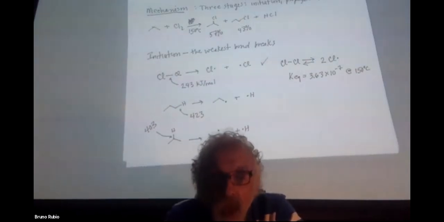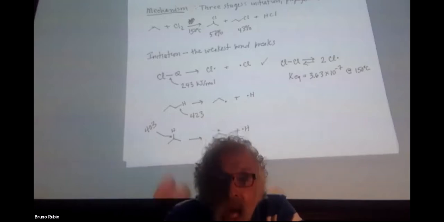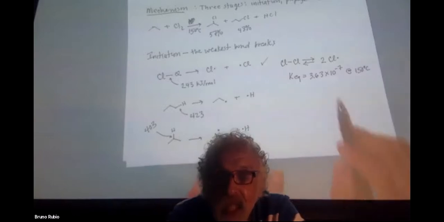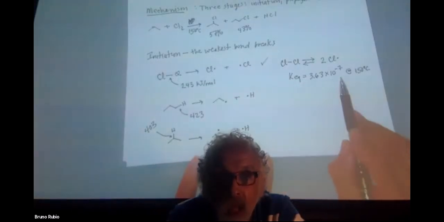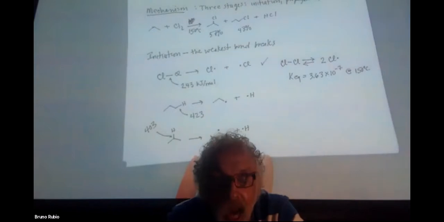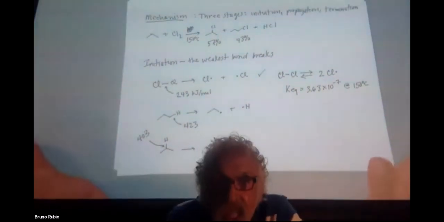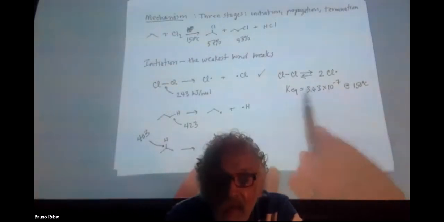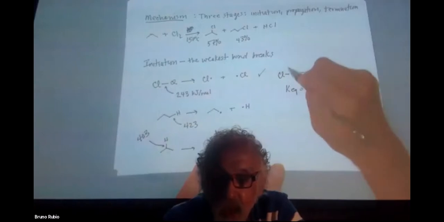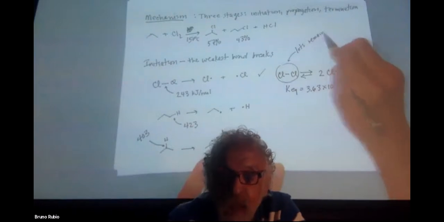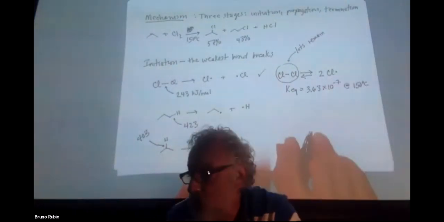What I'm telling you is that tons of Cl2 remain. It's a very small equilibrium constant, so I want to disabuse you of the incorrect notion that all of the Cl2 falls apart in the initiation step. Very little Cl2 falls apart. Lots remain, because that equilibrium constant is so small.